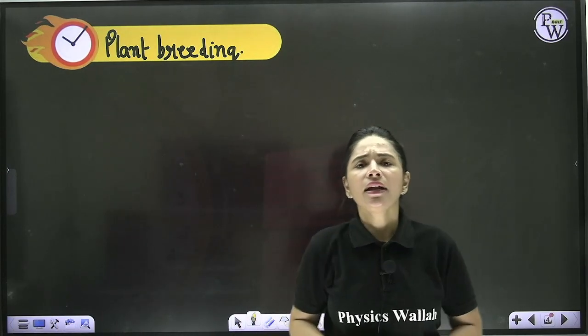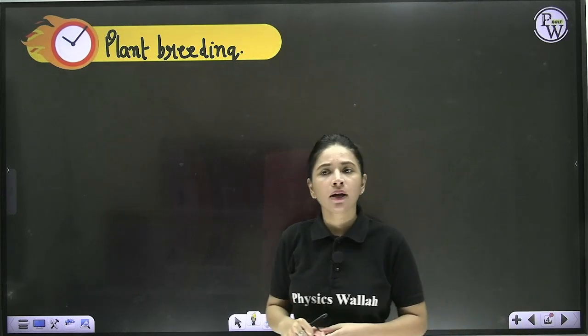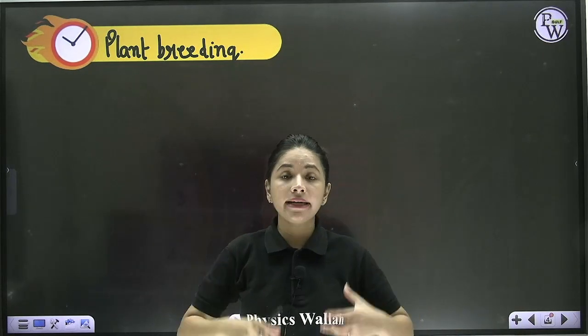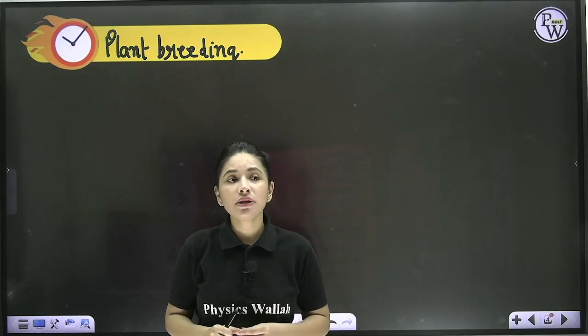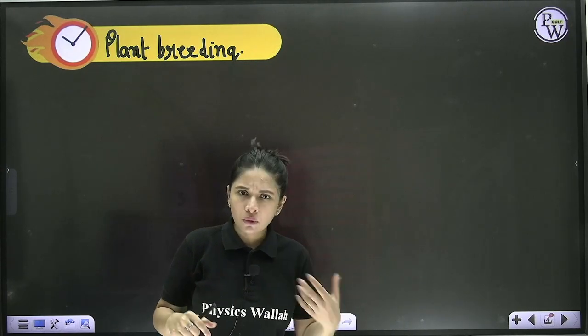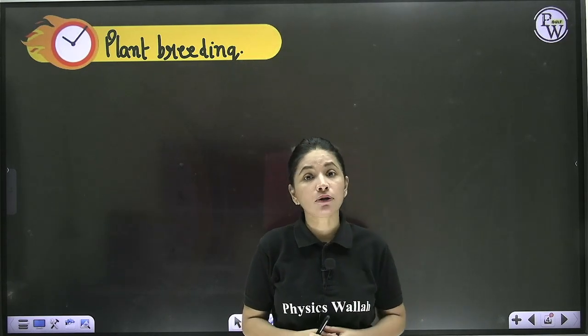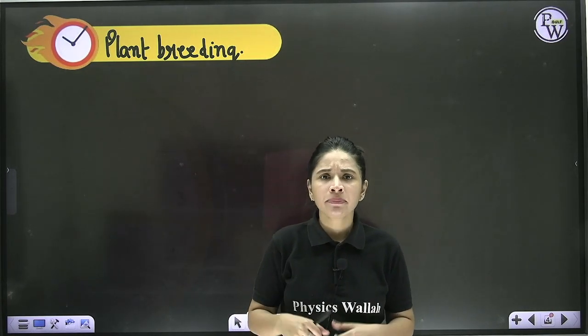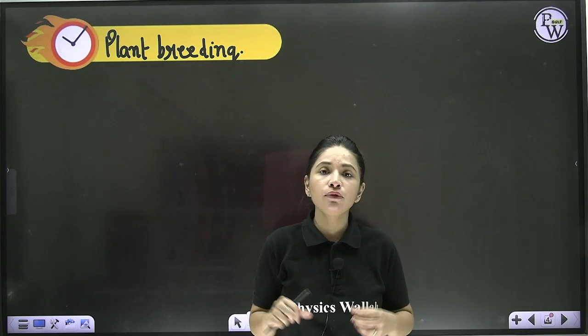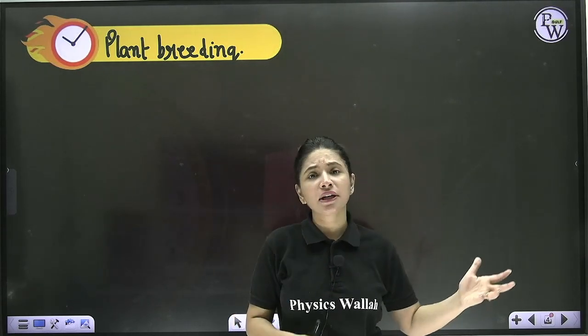Fine. Now, the question arises in our mind: what is plant breeding all about? Students, when there were no such technologies and people were not so aware about science, our farmers used to produce crops with very traditional methods.